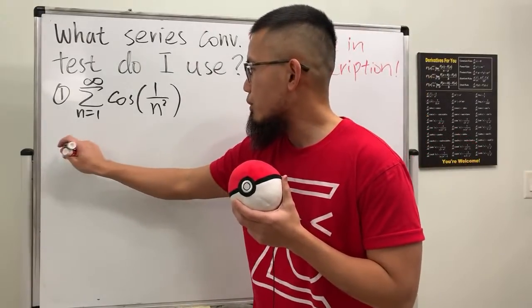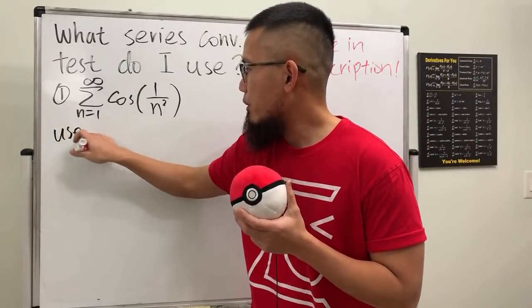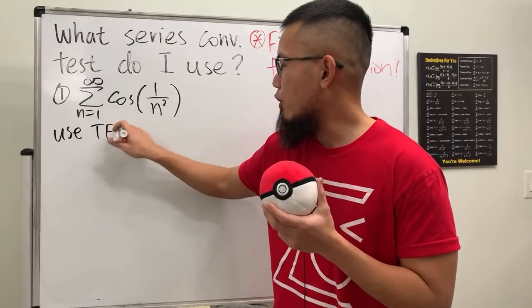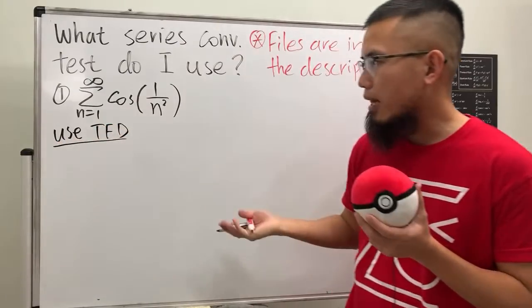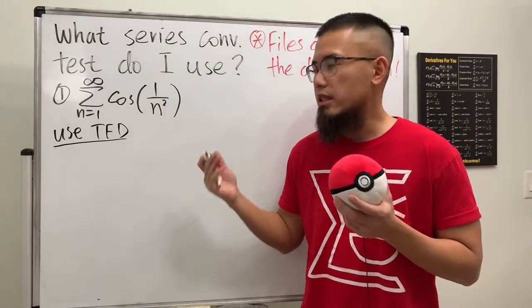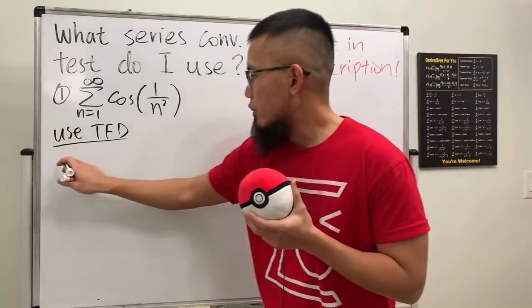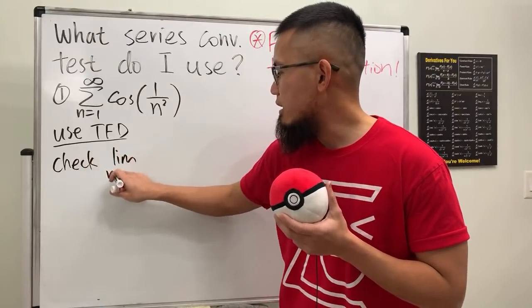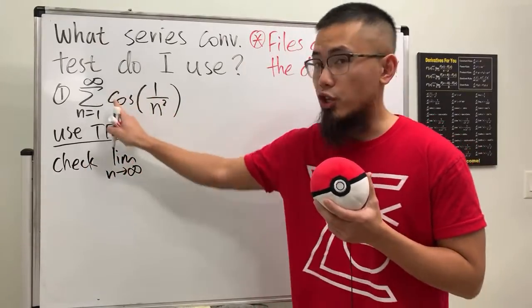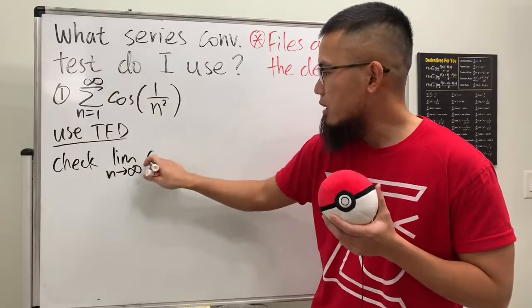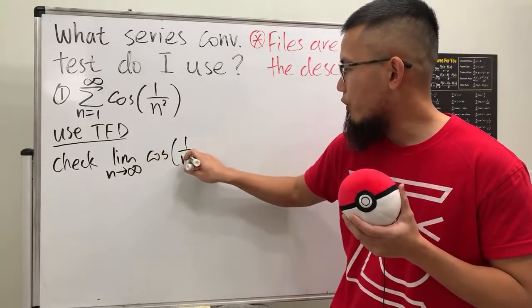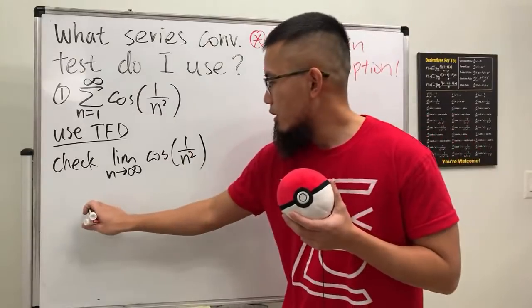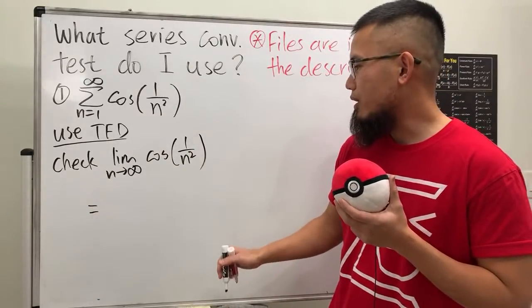So right here, I'm going to label the things that we are going to use. Hopefully this is as clear as possible. We are going to use the test for divergence, and to do so, we first have to check the limit as n goes to infinity of just this portion, namely cosine of 1 over n squared. And of course, you can show some work if you would like.